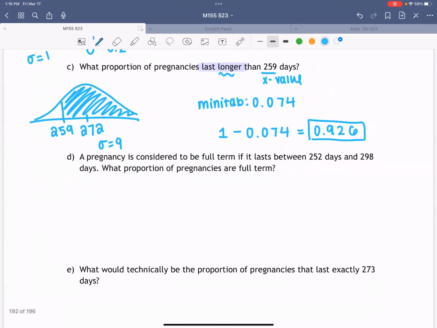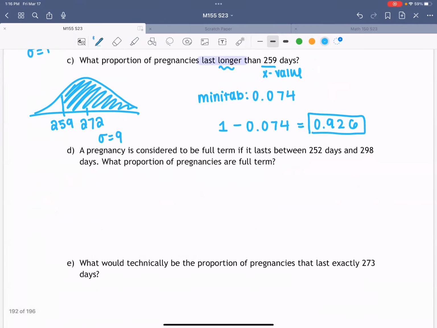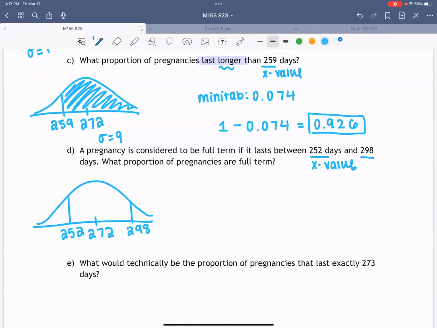Moving on to part D, we know a pregnancy is full term if it's between 252 and 298 days. These are definitely X values because first of all, they're in the 200s and it doesn't say it's a Z-score. So going back to our picture, I know that the mean is 272. 252 is a little bit below 272, so I'm going to draw it to the left. 298 is a little bit above 272, so I'll draw it to the right. And this time we're trying to find in between.